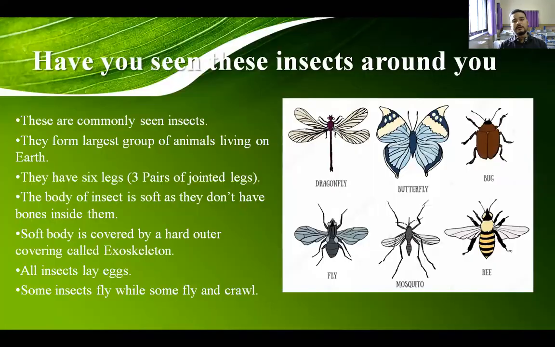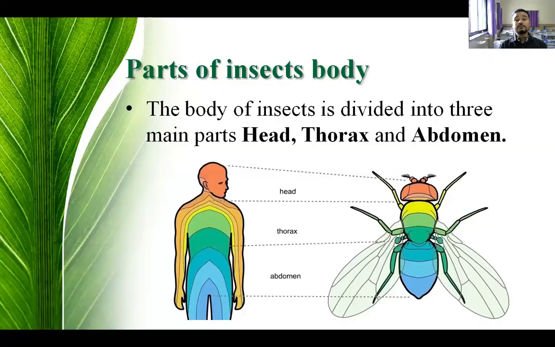So in part 1 we had learnt about some insects. Insects are different from other animals, but they are the largest group of animals living on the earth, right? Now, how are they different? Their body is divided into three parts: head, thorax, and abdomen.